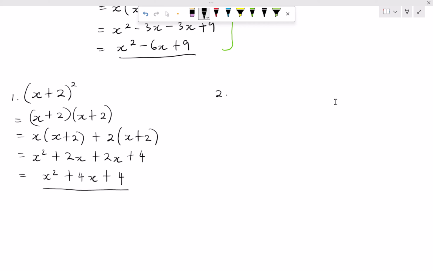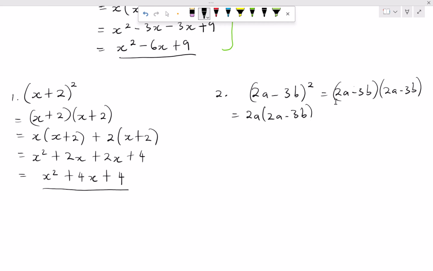And then we're doing number 2. So we're given 2a minus 3b and we are squaring it. By the way, this is the same as saying 2a minus 3b multiplied by 2a minus 3b. So we continue: 2a times 2a, that's 4a squared, minus 2 times 3, that's 6a times b, that's 6ab.